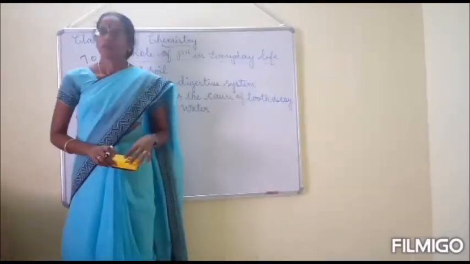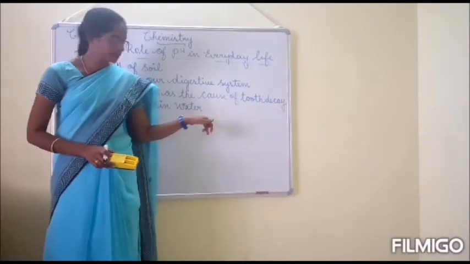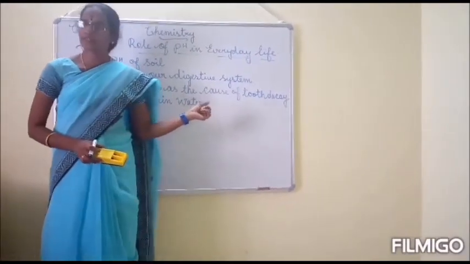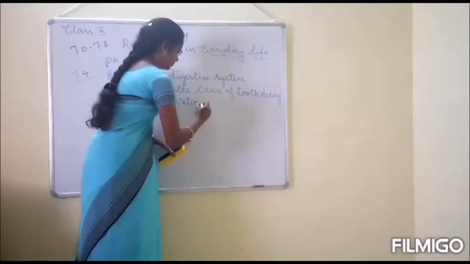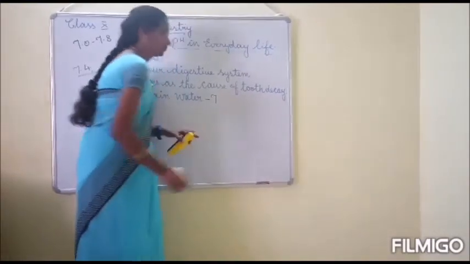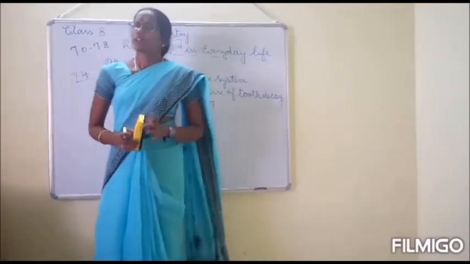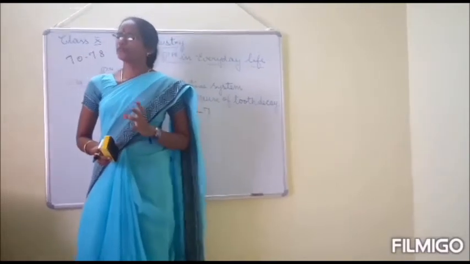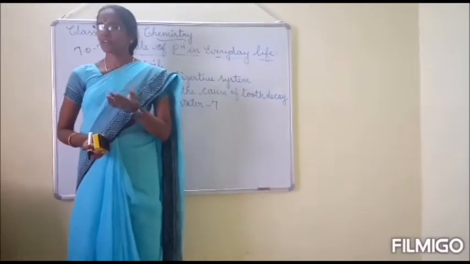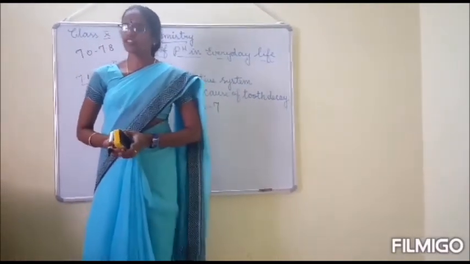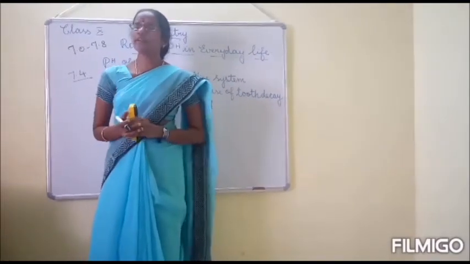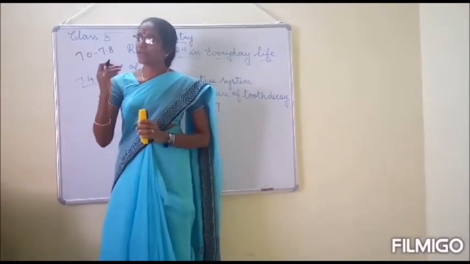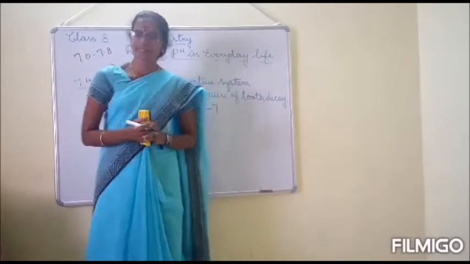Okay. pH of rainwater. The pH of rainwater is 7. If the air is polluted with oxide gases of sulfur as well as nitrogen, they get dissolved in rainwater and make the pH less than 7.